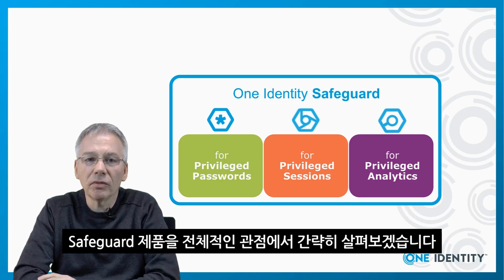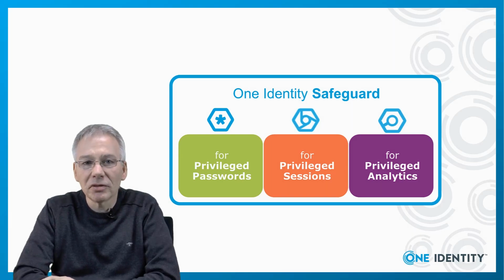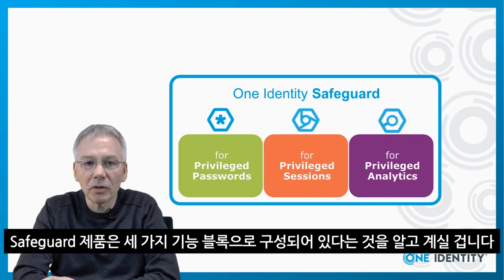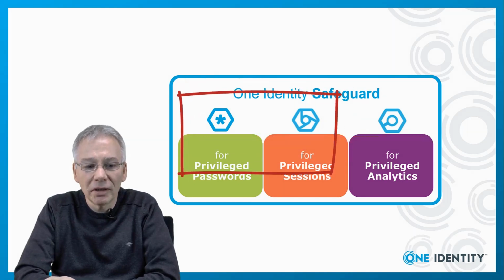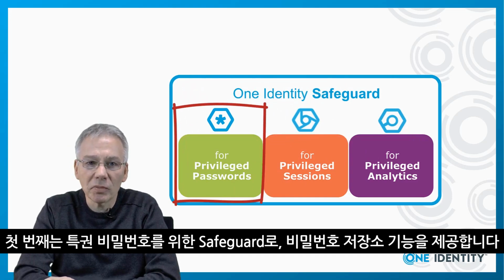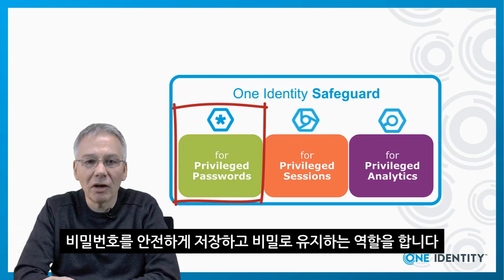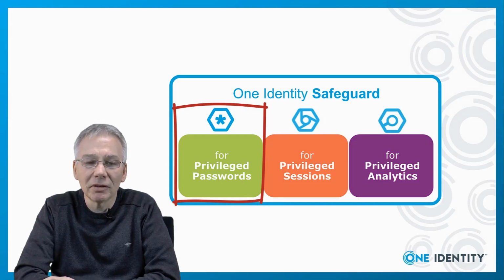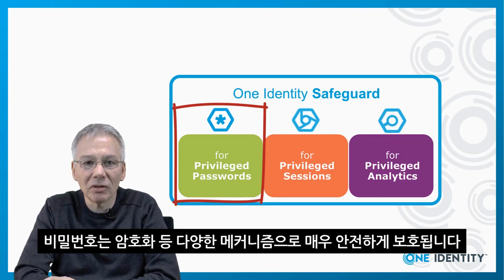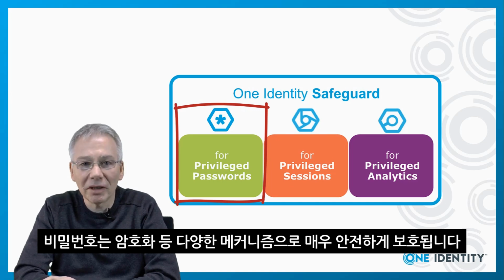Let's have a short look at the safeguard product from an overview perspective. You know that the safeguard products consist of 3 functional blocks, I would call them. We have the safeguard for privileged passwords, which is the password vault functionality, where your passwords are stored, kept secret, and very much secured by encryption or other mechanisms.